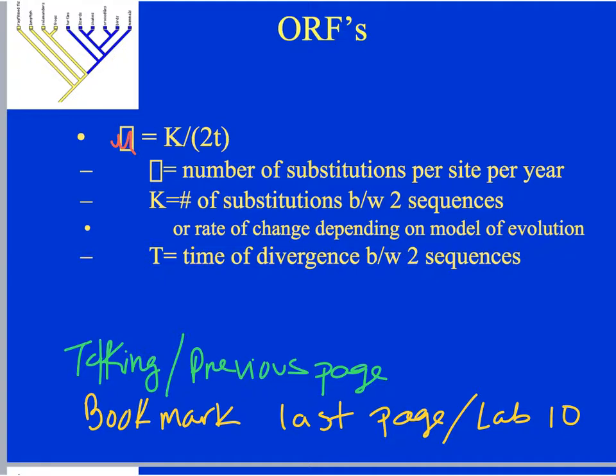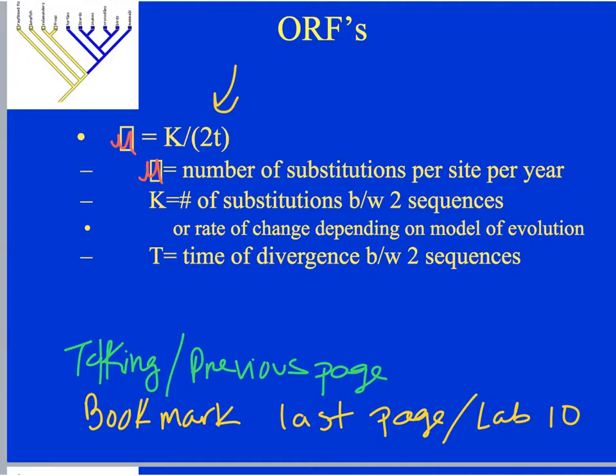Okay, so everybody know how to put together a formula? If not, I can help you with that in Excel. All right, so here's the formula. Again, that last slide was giving you your mu. You generate your K by generating distance matrices. Of course, your K can be generated for either synonymous or non-synonymous, and you just need to keep track of which one you're doing.